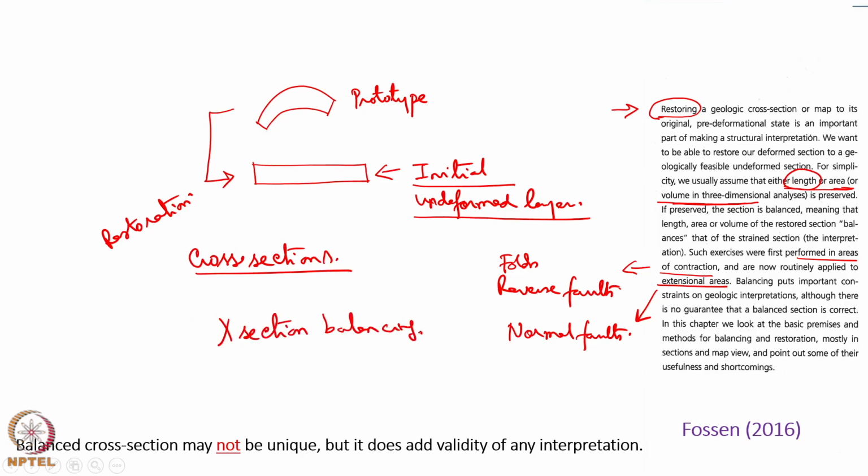There is an important point to note. There is no guarantee that a balanced section is always correct. That this was really the disposition may not always be true. Nevertheless, it does add validity to any interpretation. If we are able to restore the deformed prototype to a reasonable initially undeformed layer, that means we have understood the deformation.